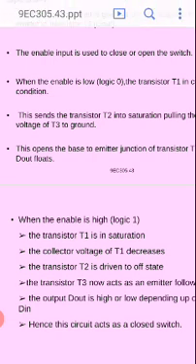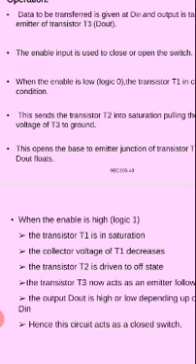The transistor T3 now acts as emitter follower. The output D out is high or low depending upon the D in. Hence, this circuit acts as a closed switch.